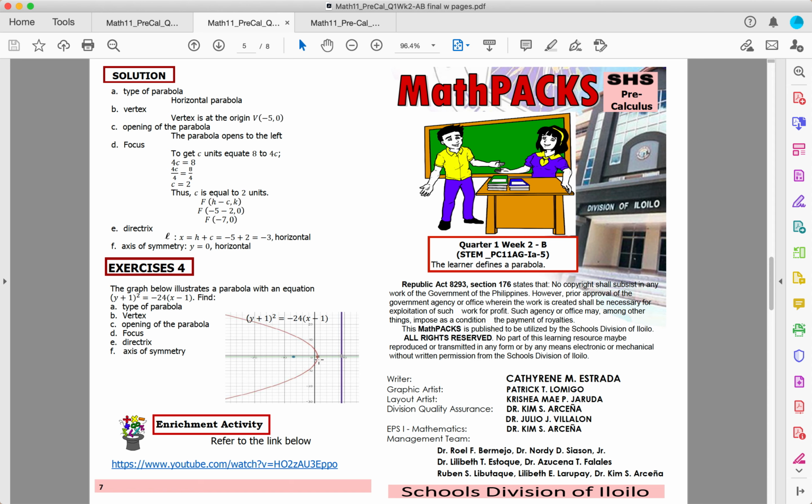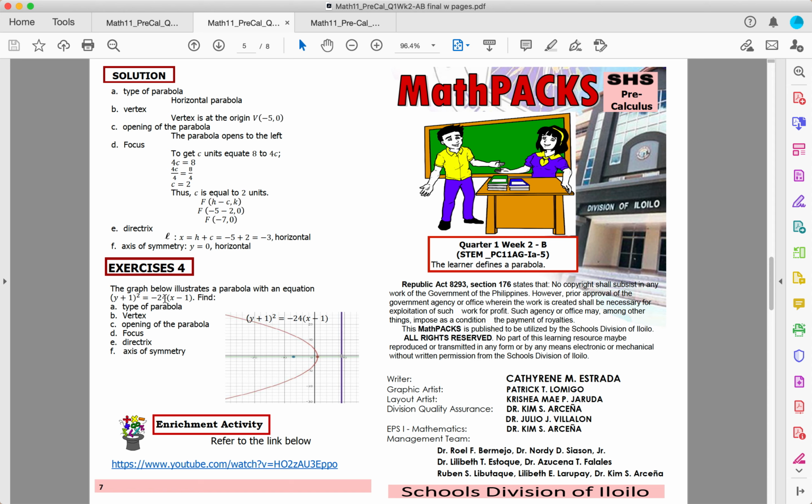It's (1, -1). Oh, it's so little. Never mind. Okay, so just imagine that this is 1, very tiny, because the scaling is by 10. Now, opening the parabola, of course, obviously it's to the left. The focus would be generated from -24.